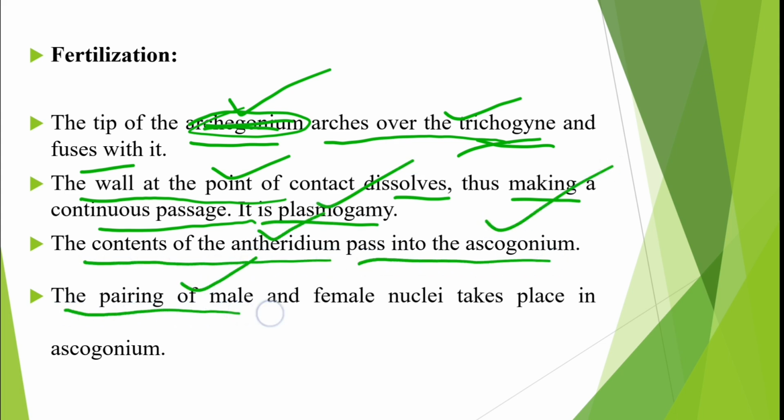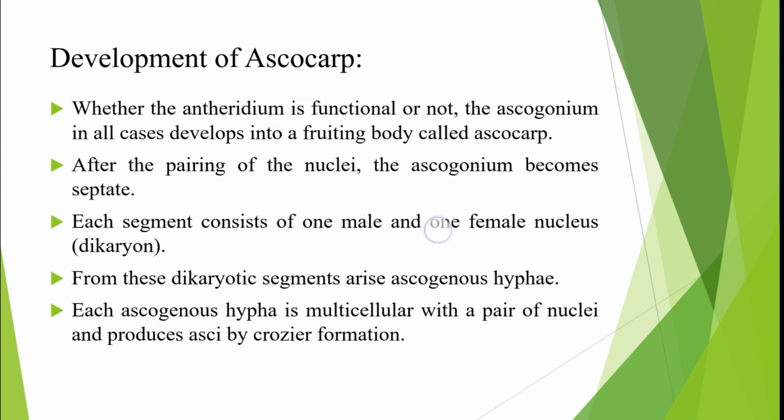The pairing of male and female nuclei takes place inside the ascogonium. So the antheridium coils over the female part of the mycelium and the point of contact dissolves, and after that the male and female nuclei pair with each other inside the ascogonium.